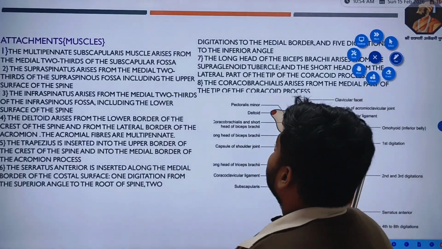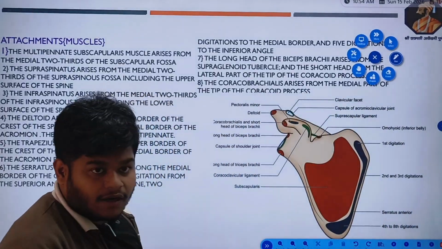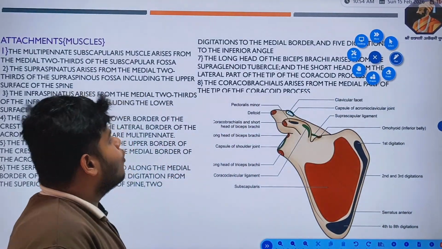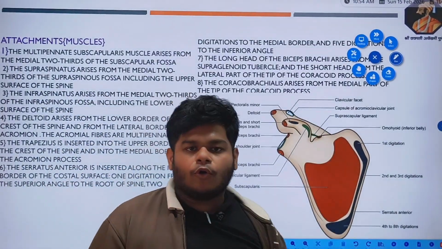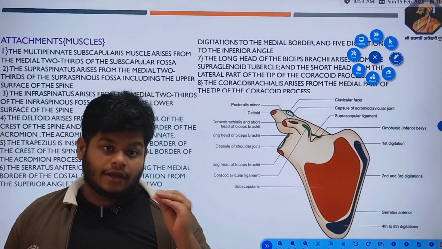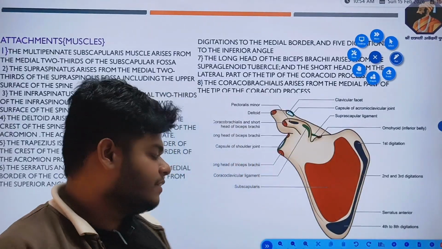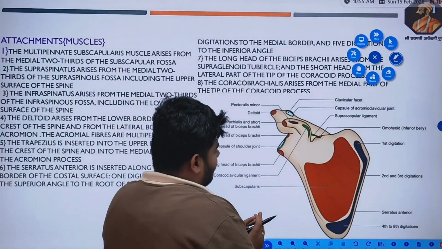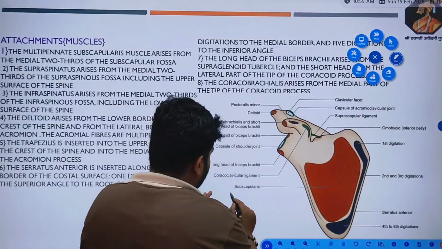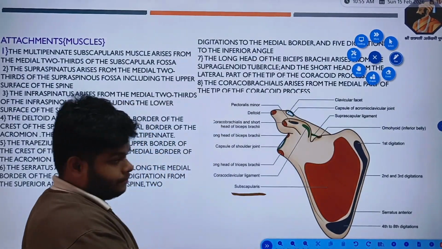Now we will see the attachments of this very important bone, the scapula. Very easy attachments. There are many muscles, I know, but when you study regularly, you will easily understand. Now at the ventral or costal surface, there is the origin of the subscapularis muscle.